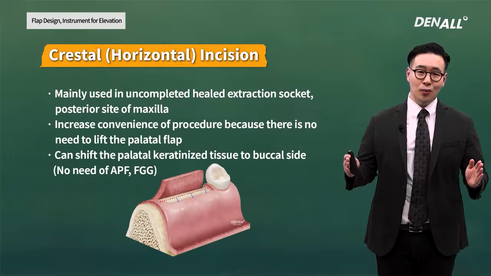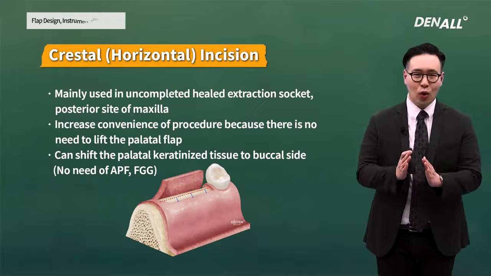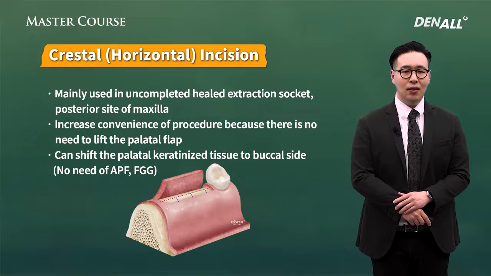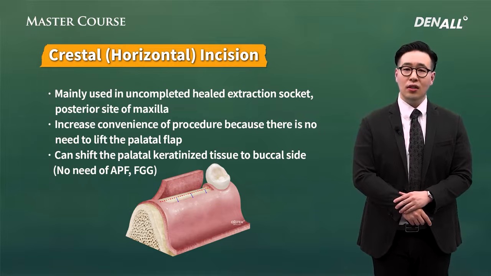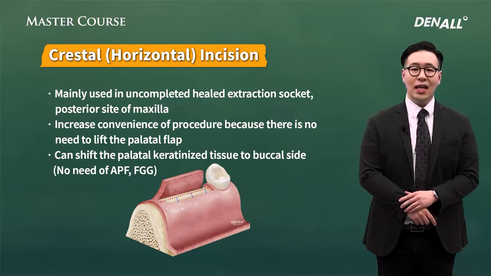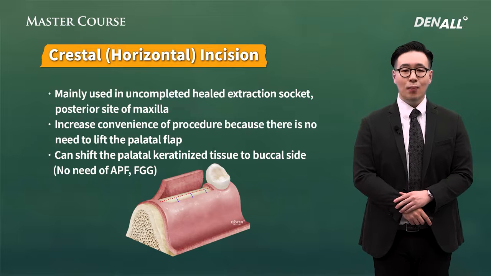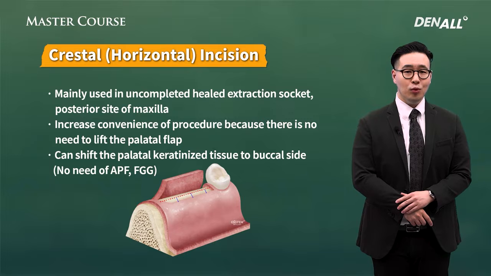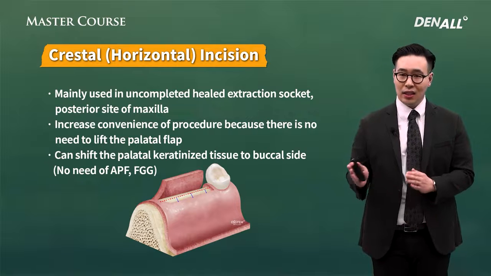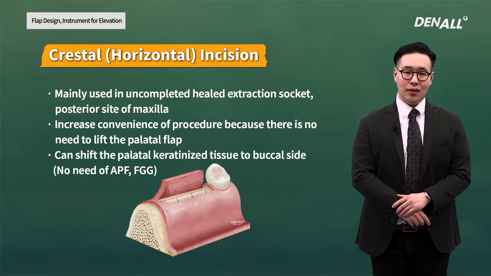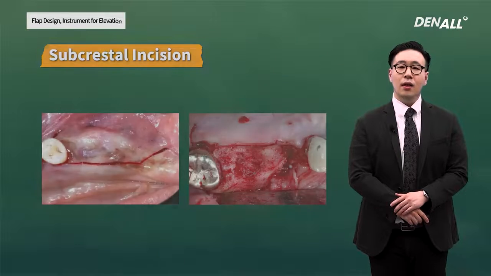However, more often than not, we come across narrow bone width and not fully healed extraction sockets. And we have to pay more attention to where you make the incision. If you make horizontal incisions slightly lingually, implant drilling point is exposed, so it makes the surgery easier, and in the case of one-stage surgery, you can slightly shift the keratinized tissue buccally, so lingual subcrestal incision is clinically used very often.